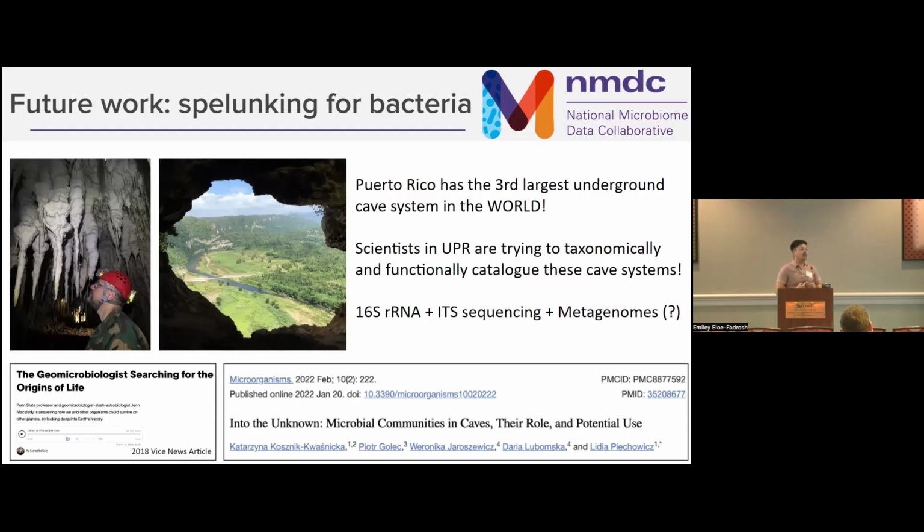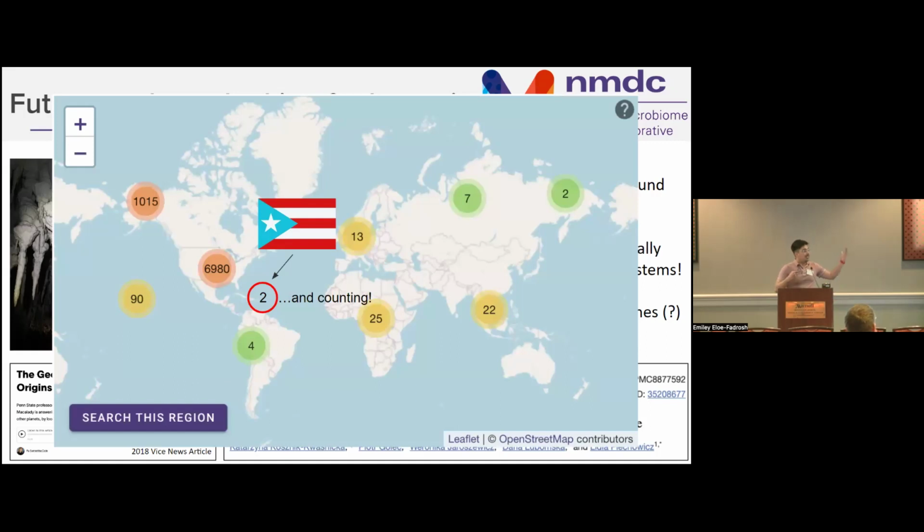Once you show that you have the capability for something, getting funding for that is a little bit easier. And so now we're in a process where maybe we can start writing up some proposals to get the sequencing information that we need so that they can continue to do the science that they're already doing, but just more efficiently and in a better way. And so with that, it's 2 more samples in this NMDC data portal from Puerto Rico, from Puerto Rican scientists.